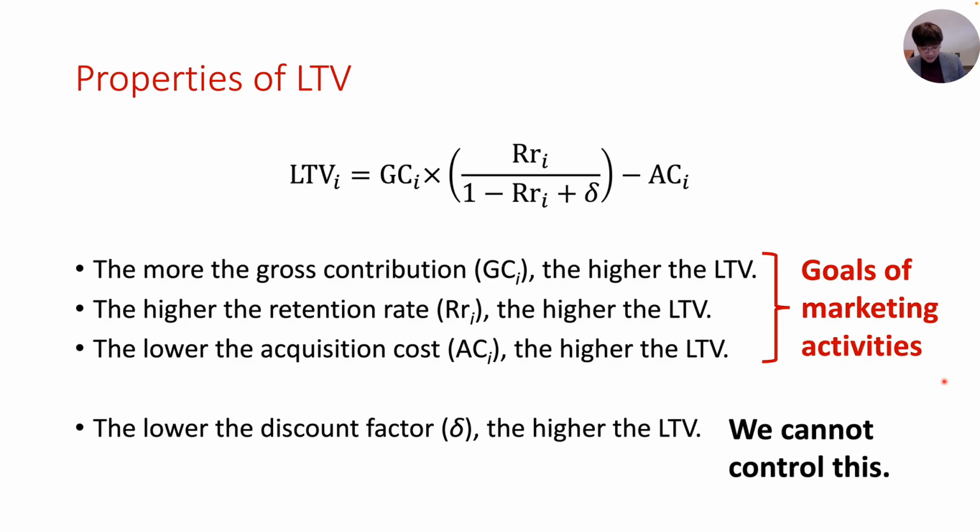Sometimes a marketing action to improve one component hurts another component. For example, you can offer discount coupons to your customers to enhance the retention rate, but it may reduce the gross contributions from the customers.